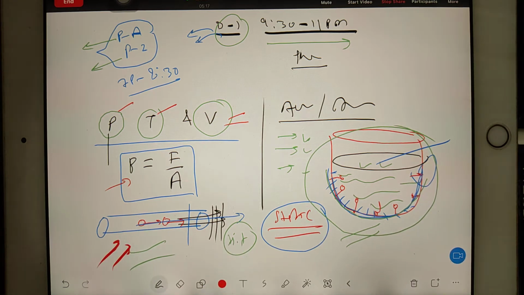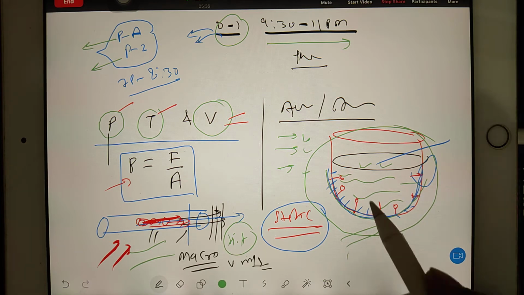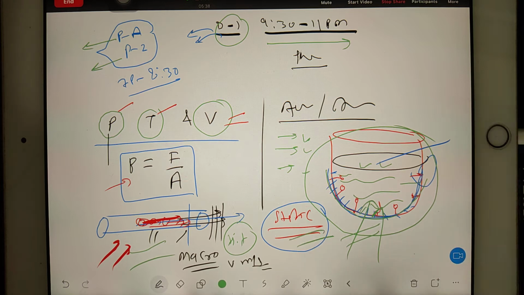In this case your molecules are arranged and flowing in a particular direction, and that velocity is explained at the macro level. The velocity of the molecules will be the velocity of the fluid, some meters per second. But in the case of static pressure, the entire fluid is at rest.